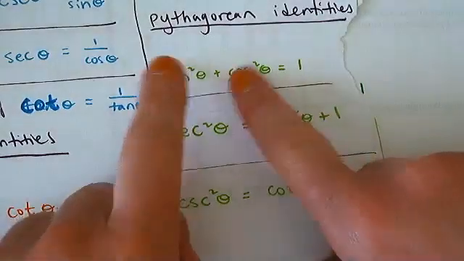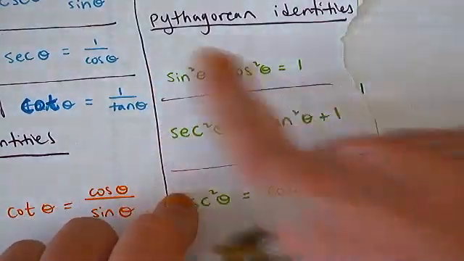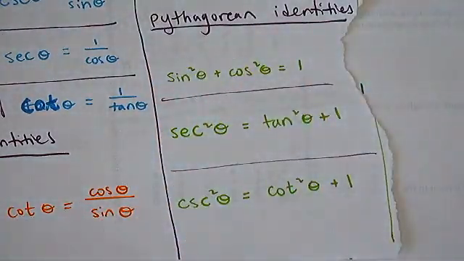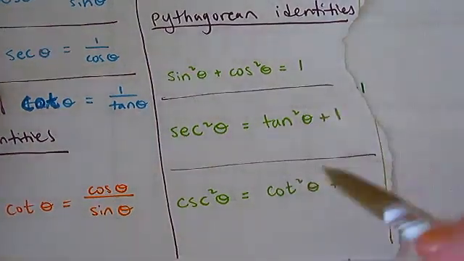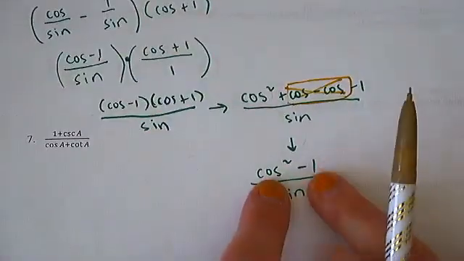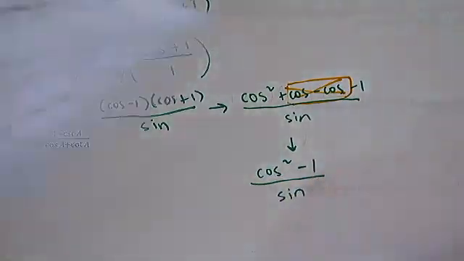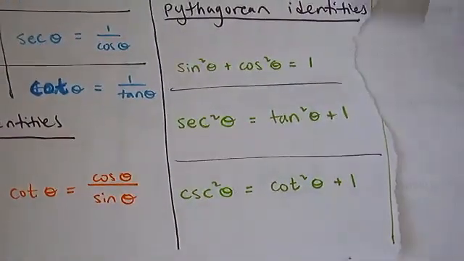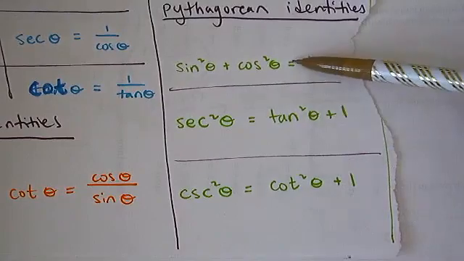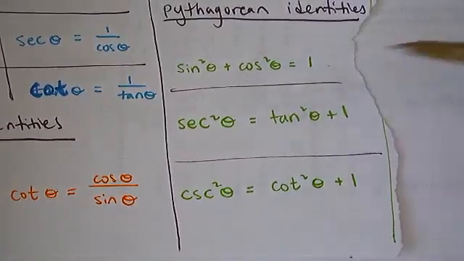And then I have two trig squares in each equation. That's kind of your hint there. That's something to look out for in the future. Now that you've seen this once, you're going to know what to do because I'm giving you that tip right now. So I see a cosine squared and a 1. This very likely means that we're going to be using a Pythagorean identity. Which one? This one. This has a cosine squared and a 1.